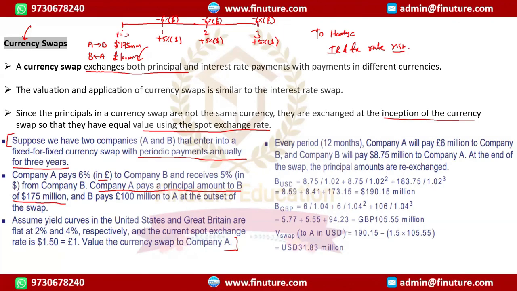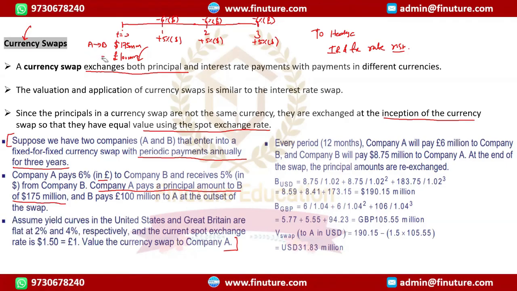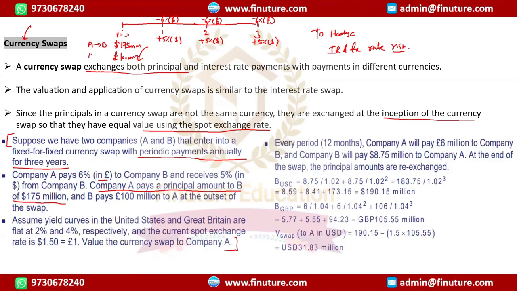I pointed the arrow differently. Let me write in A's context. A has received; B has paid to A sterling 100 million. That's why they are paying on this 100 million. They are paying 6%, 6%, 6%, and they have lent to B 175 million dollars.